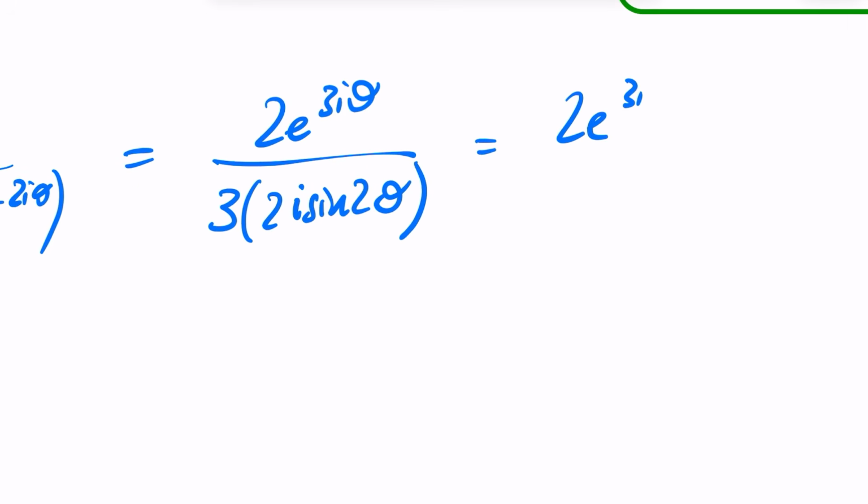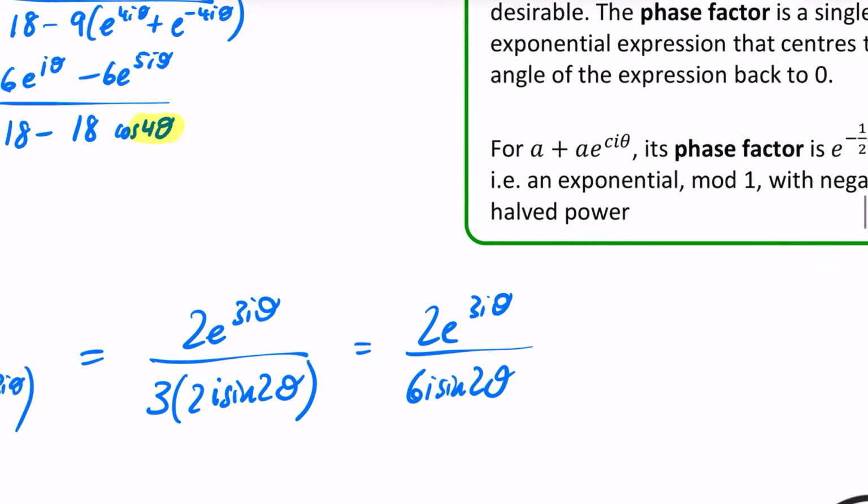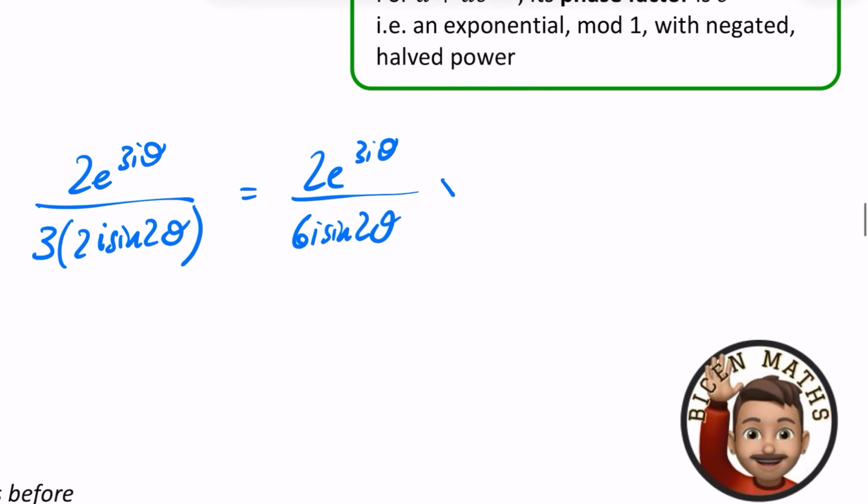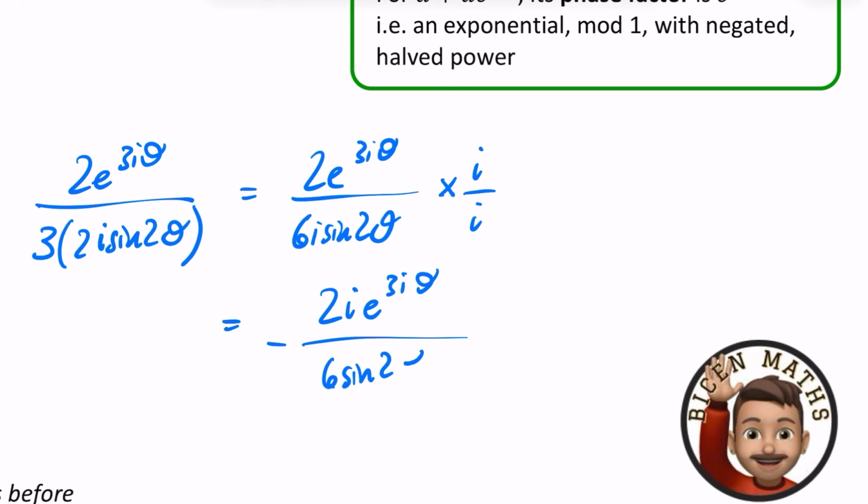That's 2e to the 3i theta over 6i sine 2 theta. Yes, we wanted to realize the denominator, and we've got an imaginary number in there. So let's just multiply this by i and i. So the numerator is 2i e to the 3i theta. The denominator is going to have an i times an i, which gives us a negative. So overall, I'll just make sure that the thing is now negative, and we get 6 sine 2 theta.